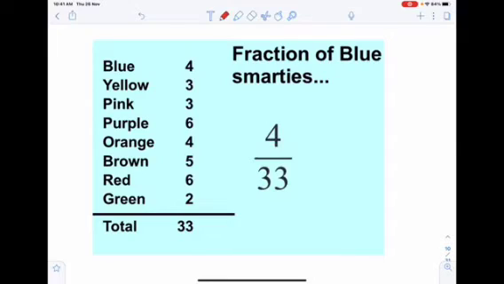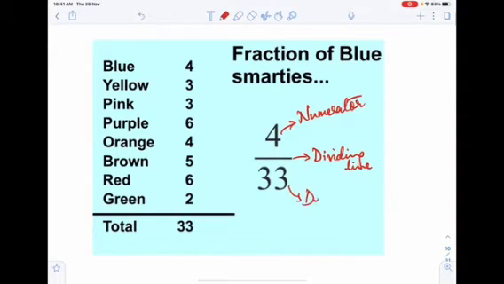Now, there is a dividing line between two numbers. This on top is called the numerator. Then this at the bottom is called the denominator.